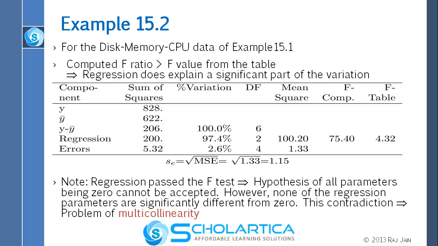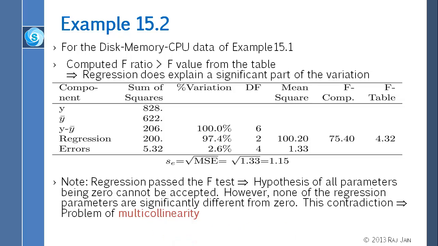This is a statistical error problem called the problem of multicollinearity. This kind of contradiction comes in when you put too many variables into the model. Now you're getting two different results: one test says good, the other test says bad, and that's all because of putting too many variables in.